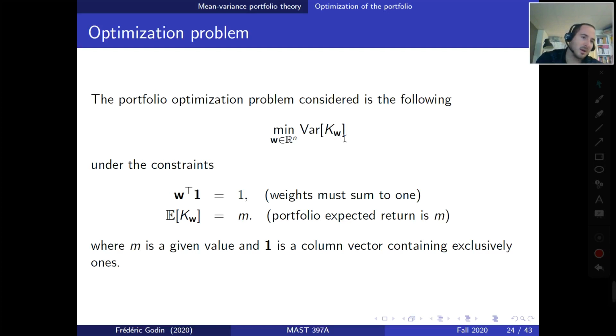Recall, w transpose R is the portfolio return. So we'd like to minimize the variance, but we have two constraints.